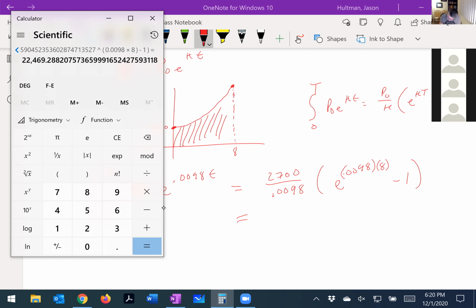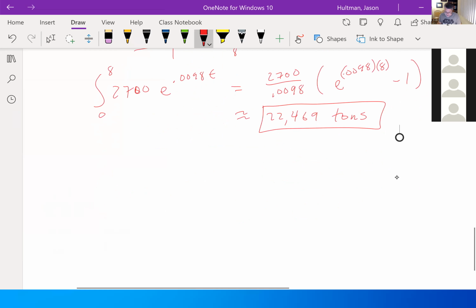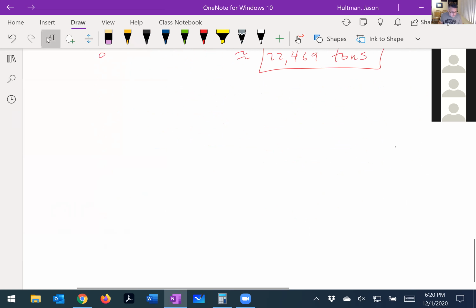So about 22,469 tons of gold. Okay, let's see how this works with money.